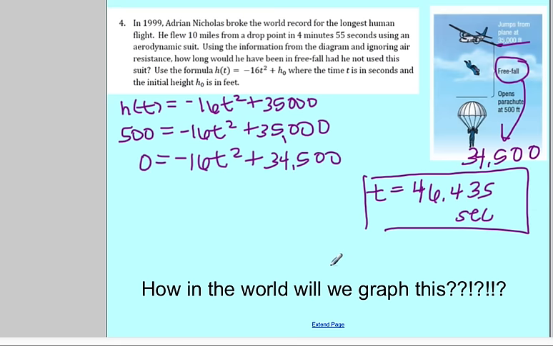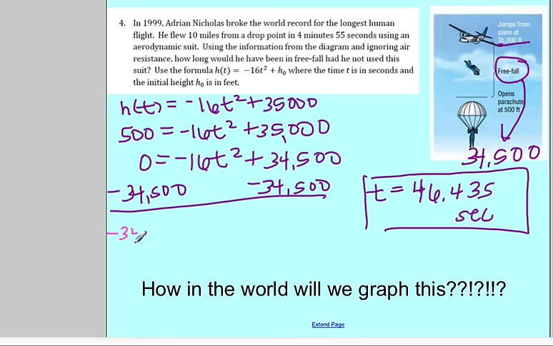Another way to solve this is, do you see how there's just a t squared, there's not an x? You could actually subtract 34,500 from both sides. So we would be left with negative 34,500 is equal to negative 16t squared. Then I would divide both sides by negative 16.